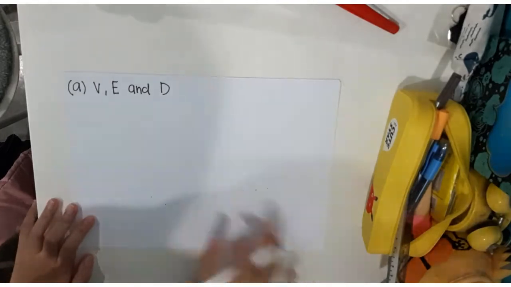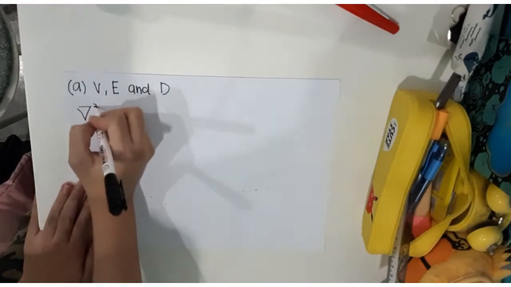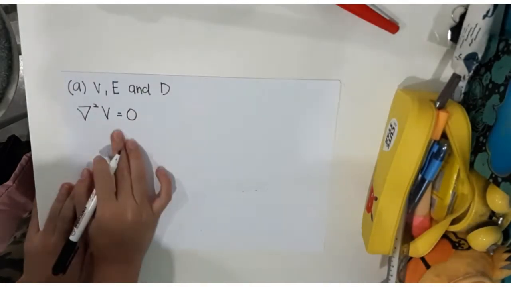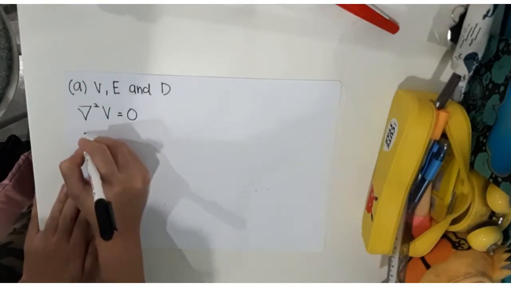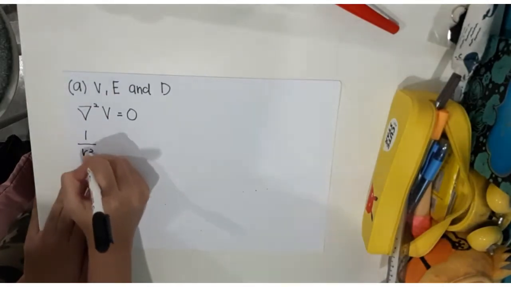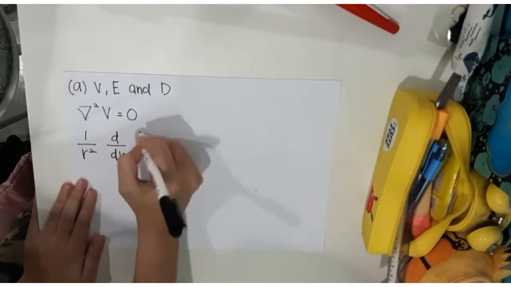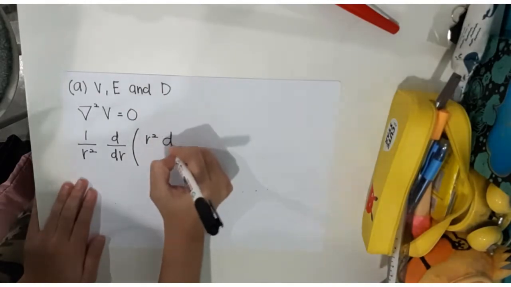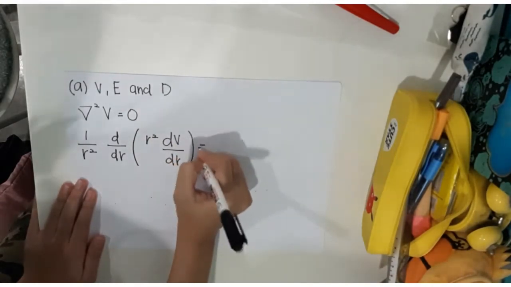Find V first. We know the basic formula is delta squared V equal to 0. They give us R, which means we need to use the R, which is 1 over R squared d over dr of R squared dV over dr, equal to 0.